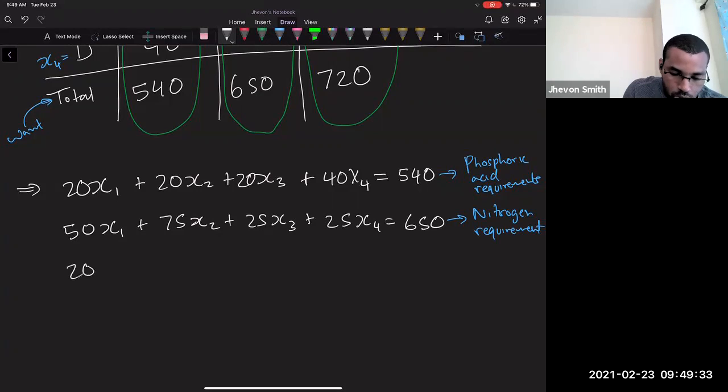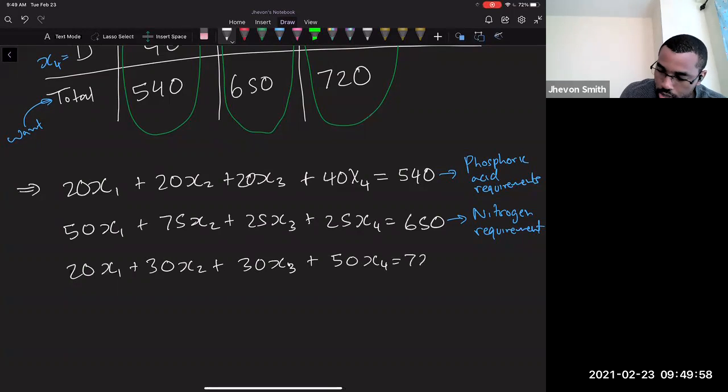That's 20, 30. Looking at that table, 30. And 50. And that should add up to 720. Potash requirement.